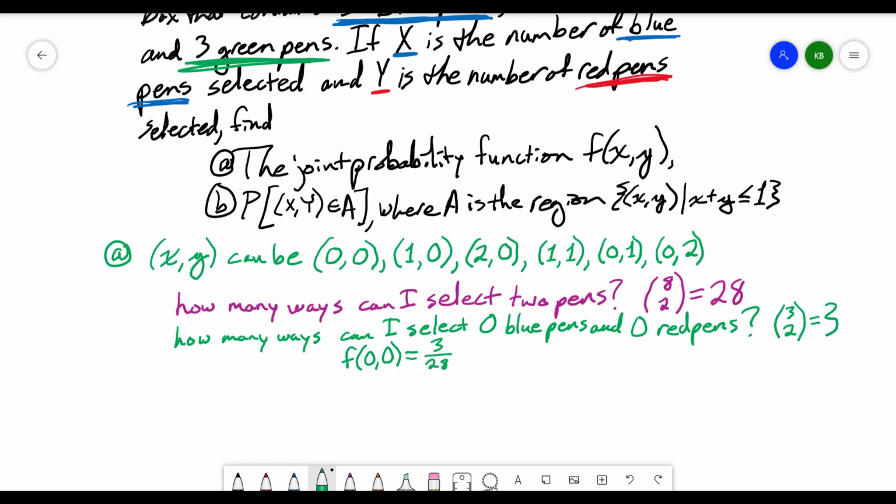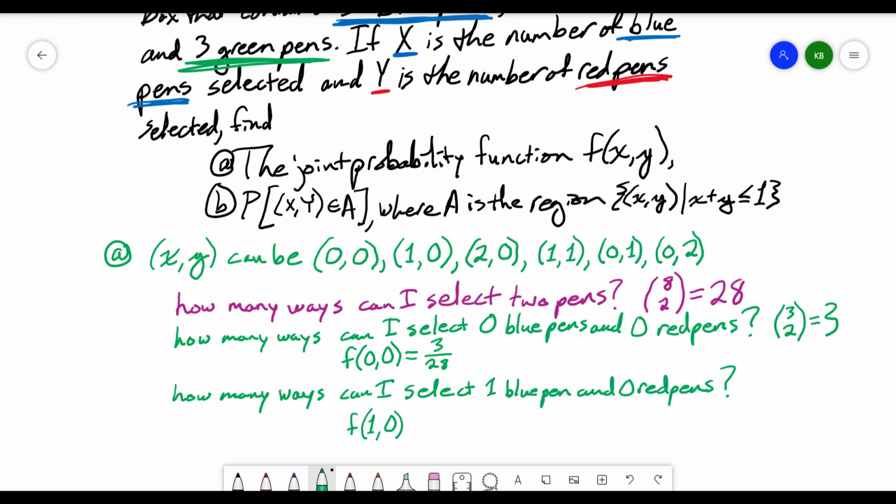Similarly, if I want to know what my joint probability function is for my point 1, 0, where I have 1 blue pen and 0 red pens, I need to know how many ways I can select 1 blue pen and 0 red pens. Since I had 3 blue pens to choose from, I can take 3 choose 1, and that gives me my 1 blue pen.